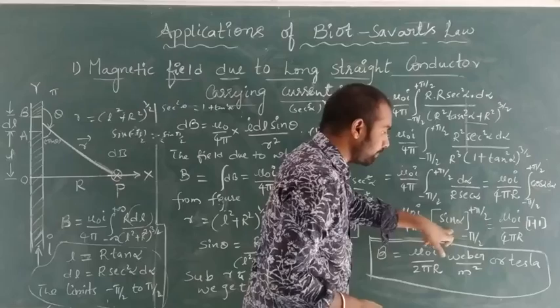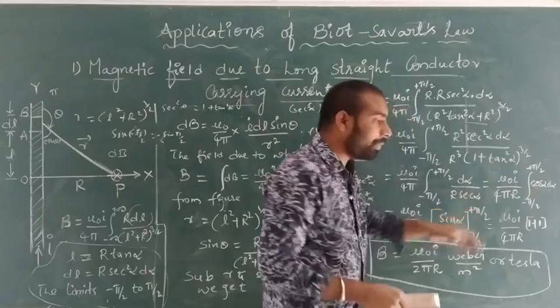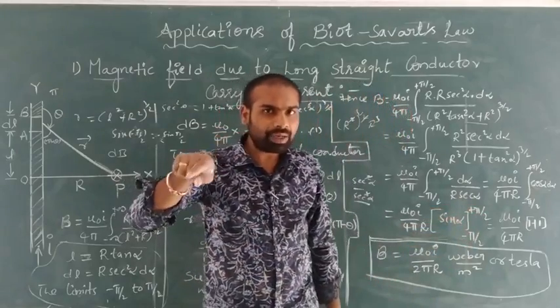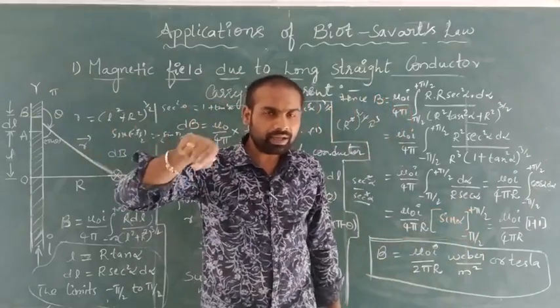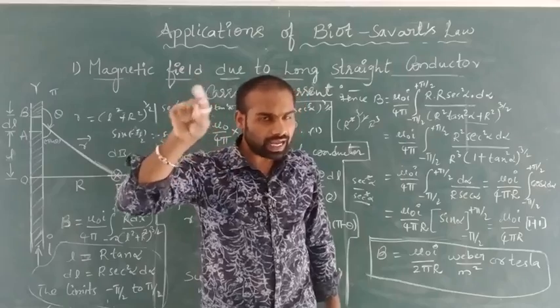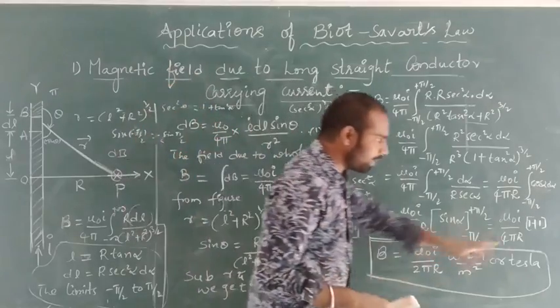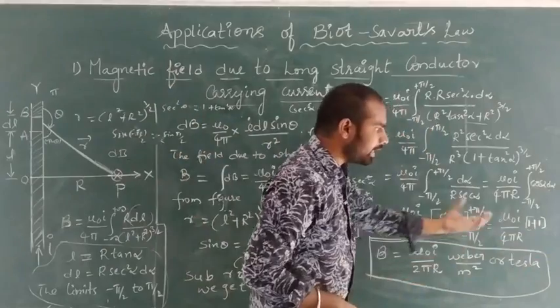Already here we have one minus, so minus and minus make plus. In the formula, upper limit sin pi by 2 minus sin of minus pi by 2, and sin of minus pi by 2 is minus sin pi by 2. Sin 90 is 1, and again sin pi by 2 is 1. So 1 plus 1, that is 2.